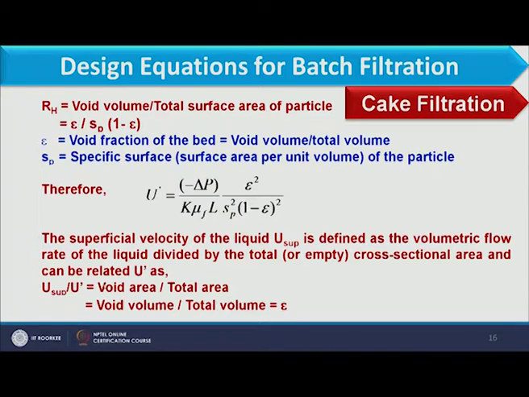Now how we can define this by void area by total area? How we define the superficial velocity is volumetric flow rate of the liquid divided by cross sectional area. So volumetric flow rate of the liquid, when we consider this as the meter cube of holes, because through holes or void it will flow, so that can be considered as meter cube of holes divided by second, that is the rate.